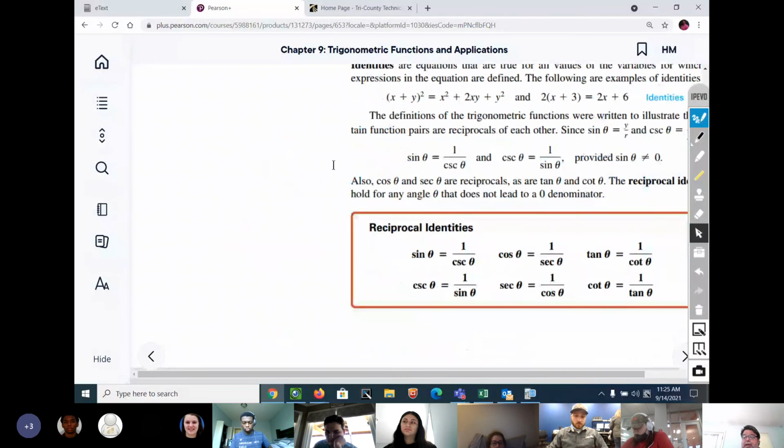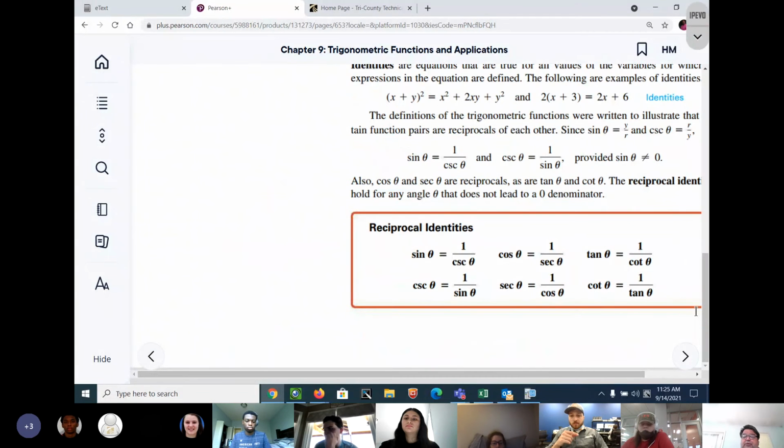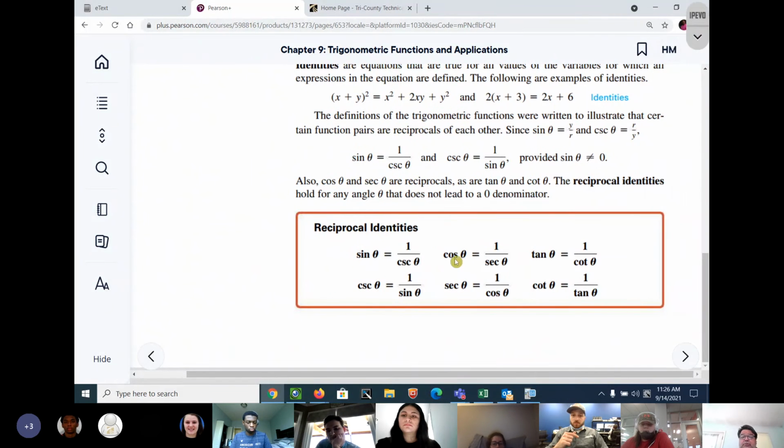There's the reciprocal identities, so I'm going to stop right here and let you write those down. Of course, if you printed out that sheet, you don't have to write it down. I'll show you another way to remember them, and you don't have to memorize them.